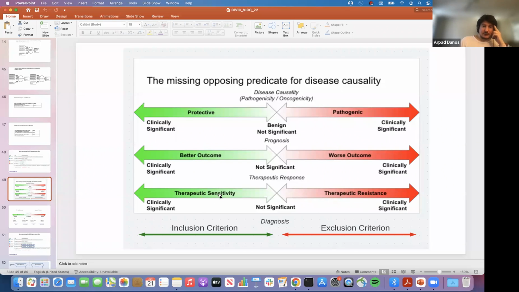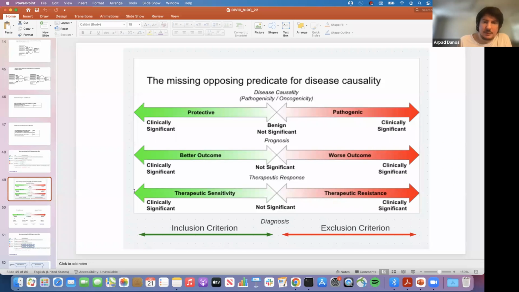These are actually orthogonal axes, but you can also think about them as two different sides of the same thing. You go from clinically significant if it's sensitivity, or clinically significant if it's a resistance type of mutation, and then in the center it's not significant because you can have just a passenger mutation.